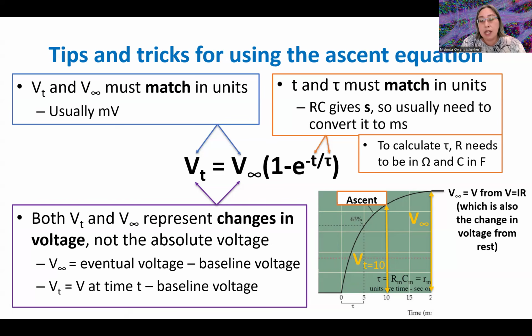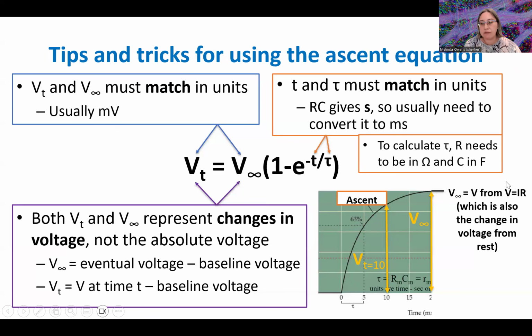So often you'll get values like, oh, it rests at -65 and then it went up to +10. Those are not the values that you plug in. You have to find the distance between them. Okay. And so V infinity is the eventual voltage minus the baseline voltage, so the voltage at rest.